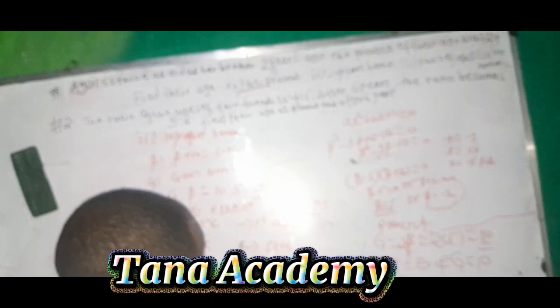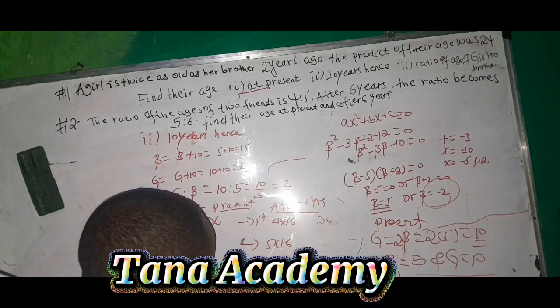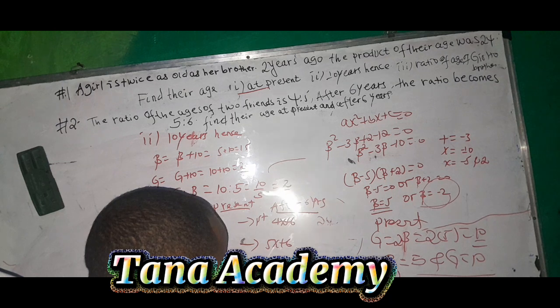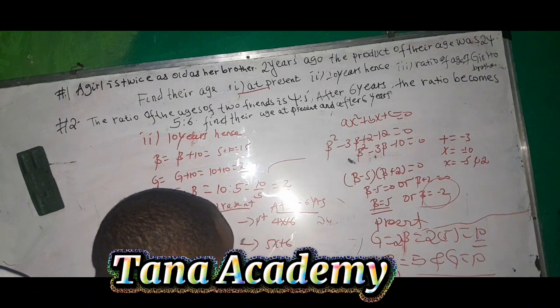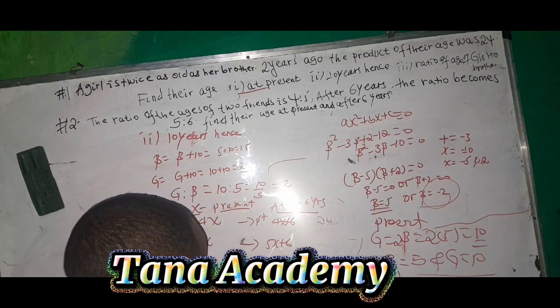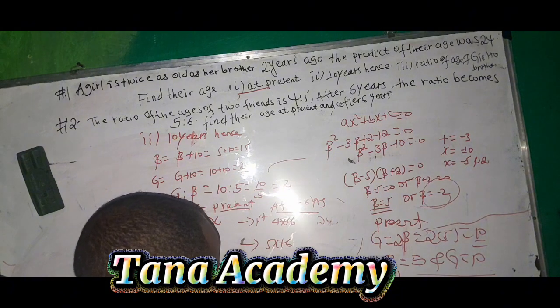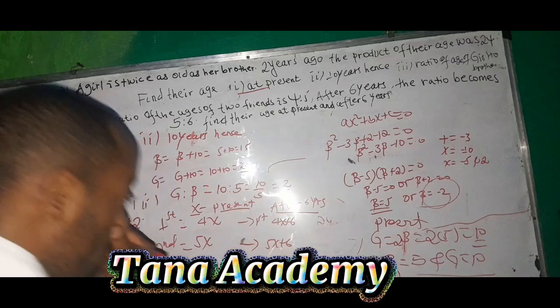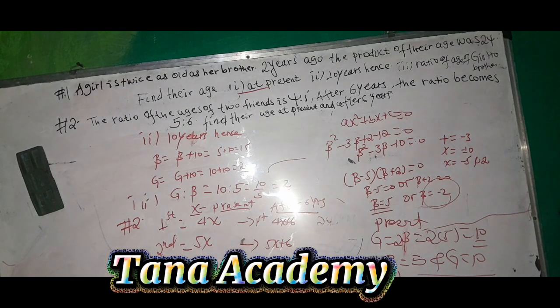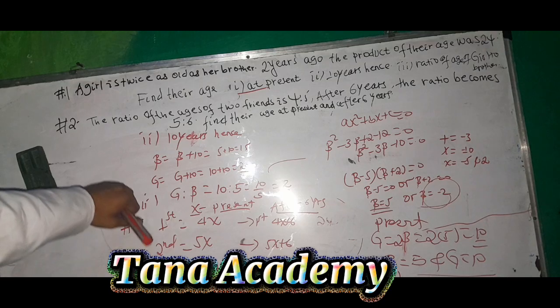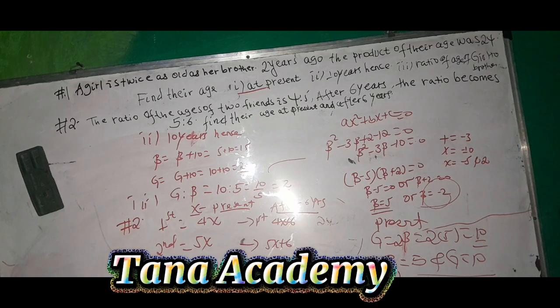Collecting like terms, 36 minus 30 is equal to 25x minus 24x, so 6 is equal to x. X becomes 6.